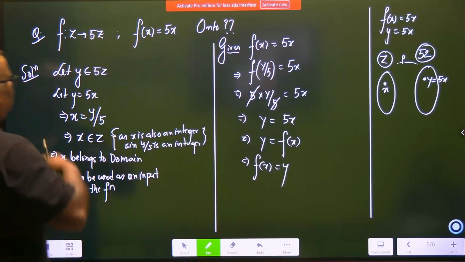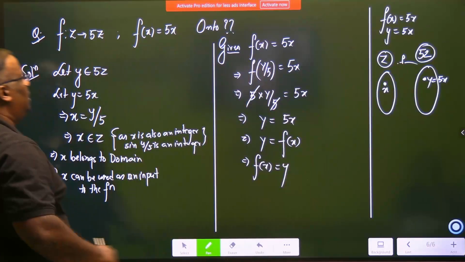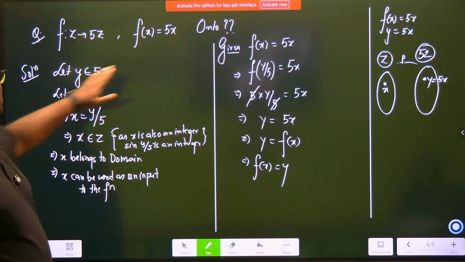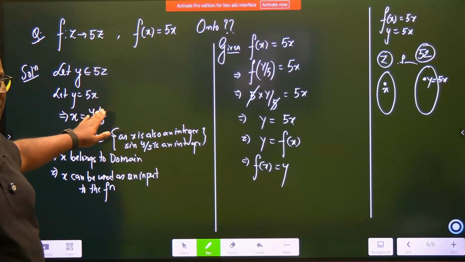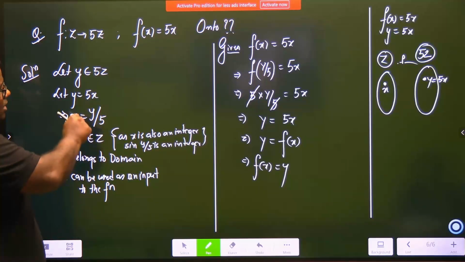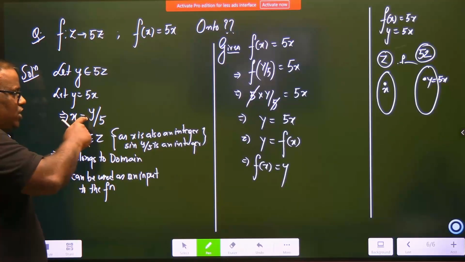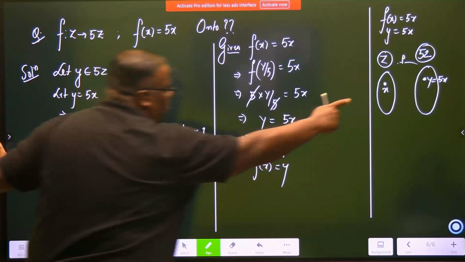I said, let one y belong to this particular set. Agreed. And I said, let y be this function. y belongs to this set means y has to obey this function. y is equal to 5x. Based on that, I created an expression for x, the best way. And then I check, does this expression make x an element of this set?